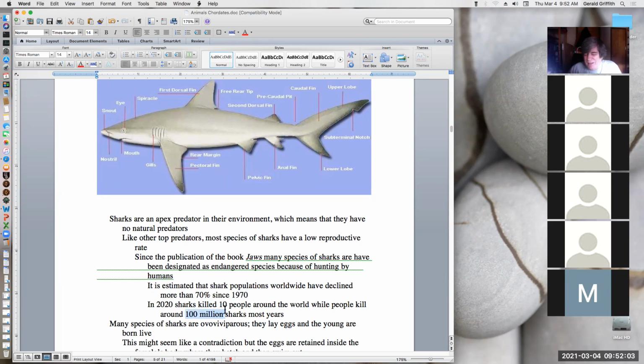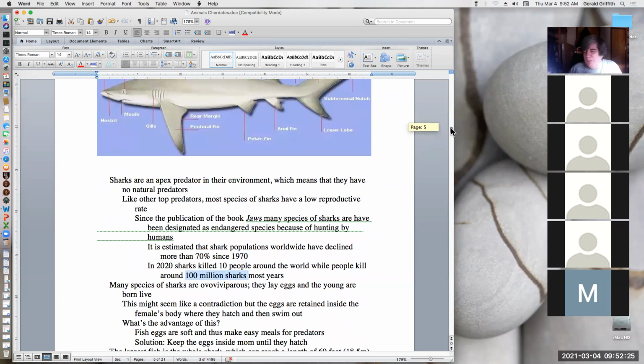On the other hand, even with all the COVID restrictions, people killed more than 100 million sharks. So in this case, people are definitely winning this war. It may not be good to win it because sharks are important to the food chains in the ocean. It's not clear what will happen if we eliminate them.